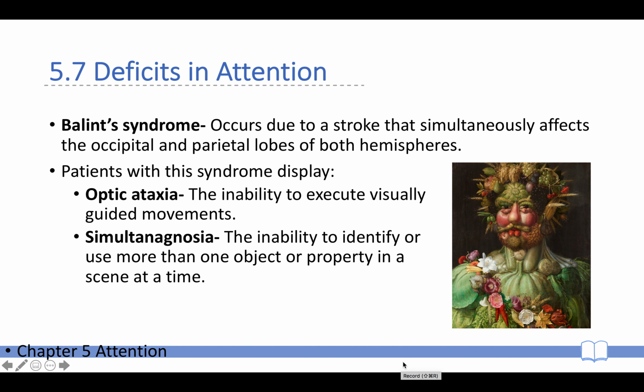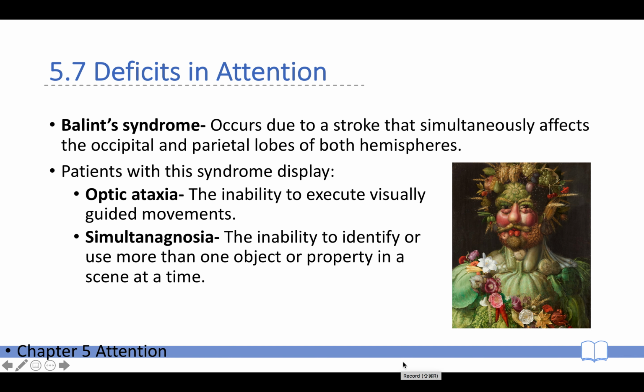Another deficit of attention is Balint syndrome, which occurs when brain damage due to a stroke or some other brain injury simultaneously affects both the occipital and parietal lobes of both hemispheres. Balint syndrome is fairly rare because damage to both hemispheres in the same locations, fortunately, does not happen all that often.